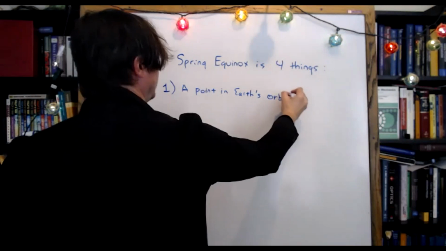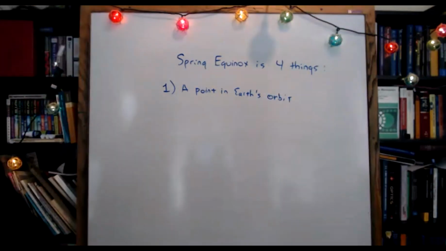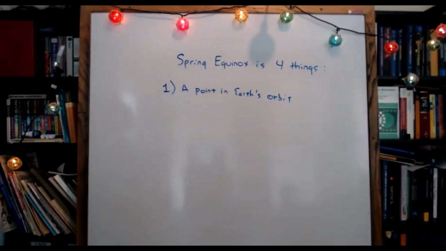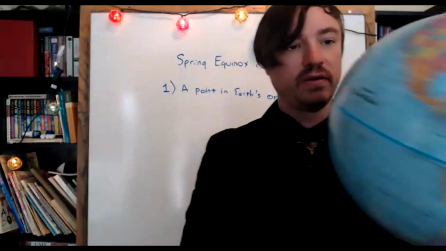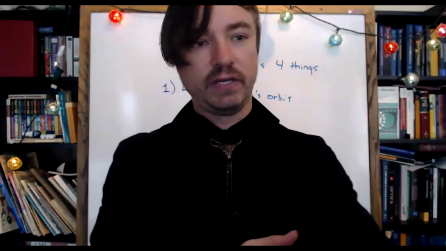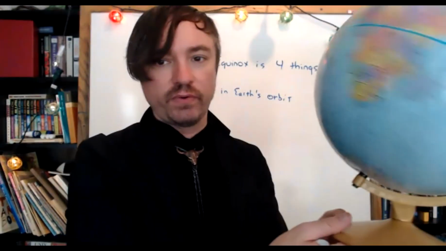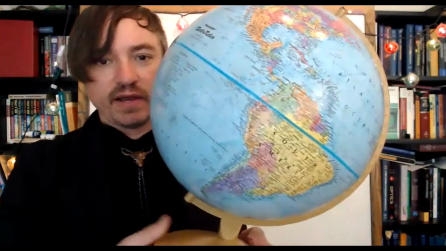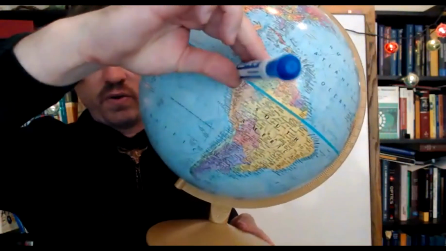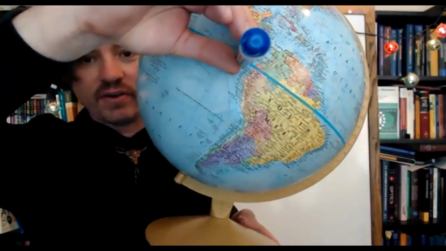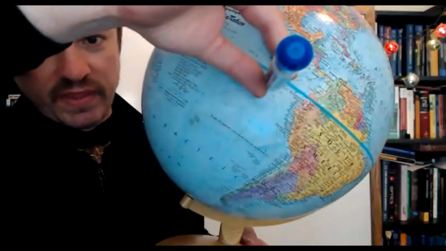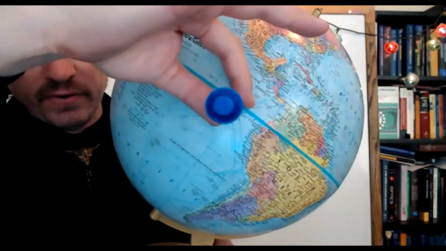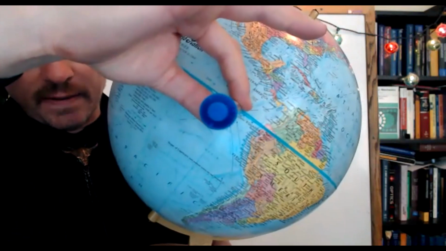That's how we originally introduced the spring equinox. We told you that the Earth, as it spins around the sun, right? Let's see, coming out of the winter solstice here. As Earth rotates around the sun, the exact moment of the spring equinox is the moment where the equator, let's see, I want to make your camera the sun, okay? It's that moment when the equator points most directly towards the sun.